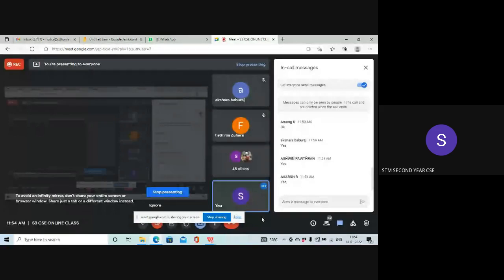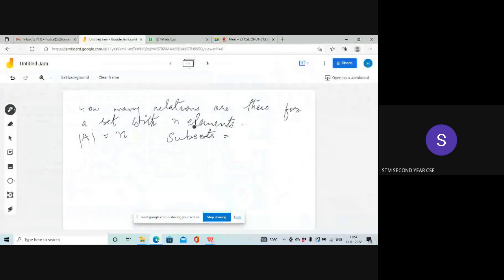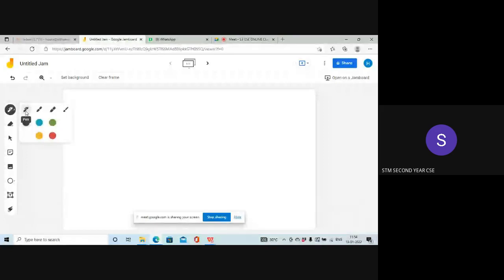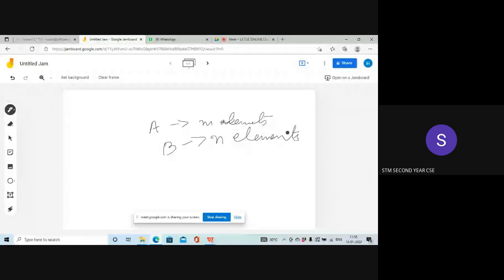First question: if a set A has m elements, and a set B has n elements, find the number of relations from A to B. This is what we discussed now.